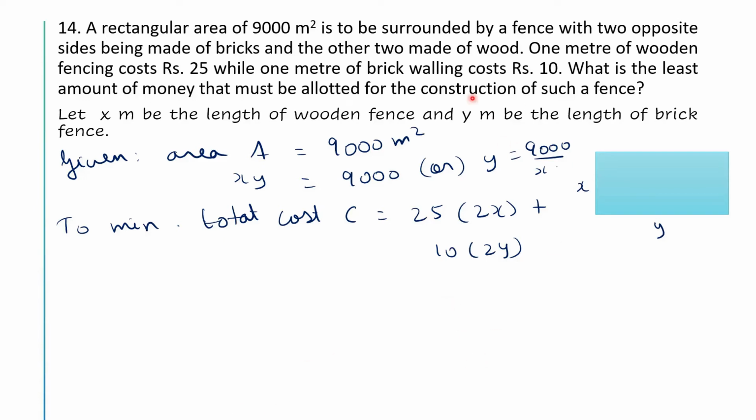Because it is given here 1 meter of wooden fencing costs rupees 25, so here 25 and here 25. So it is 25 into 2x plus, it is given 1 meter of brick walling costs rupees 10, so here it is 10 into y plus 10 into y, so plus 10 into 2y. So we have to minimize this total cost.